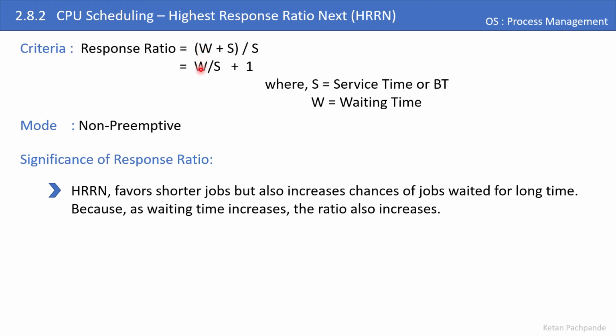Now, if the waiting time of a process keeps on increasing, then obviously this ratio is going to increase, assuming that the service time will always remain constant. So for any process, the ratio will increase when the waiting time of that process increases. And the more the response ratio, the more are the chances of this process getting selected for execution.